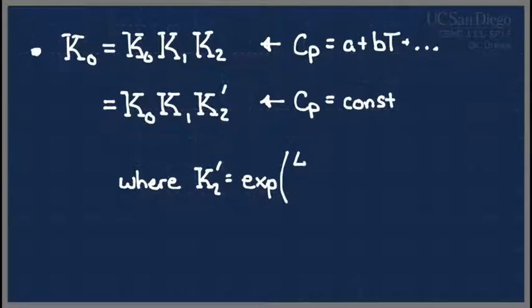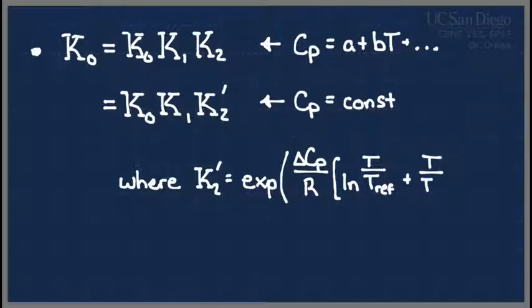So it's the exponential of delta CP, so there's our delta CP term, times R times the natural log of T over T ref, whatever the reference happens to be, plus T over T ref, minus 1.